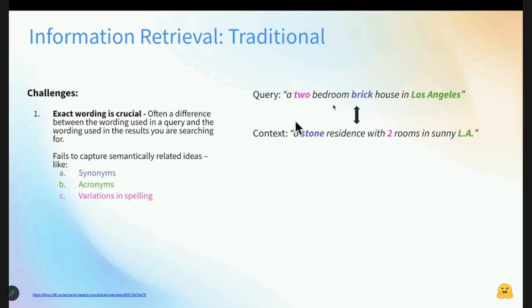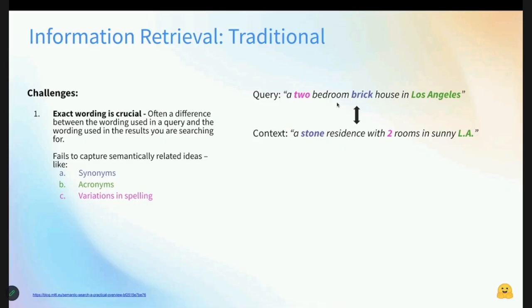And if we look at this example here, we have a query, a 2-bedroom brick house in Los Angeles. Say I was searching for that. And there was a document in the corpus that said a stone residence with 2 rooms in sunny LA. Well, you and I know that this context should be a good result returned for this query because they're talking about basically the same thing. It's a very relevant result. However, if you were scoring this context for this query using BM25, it would actually have a very, very low relevancy matching score.